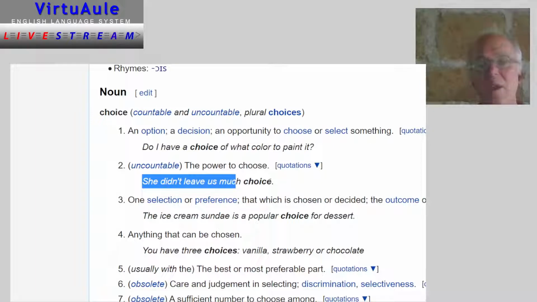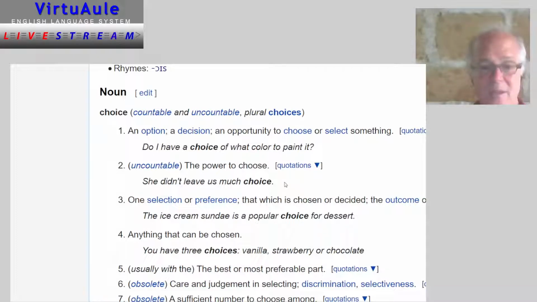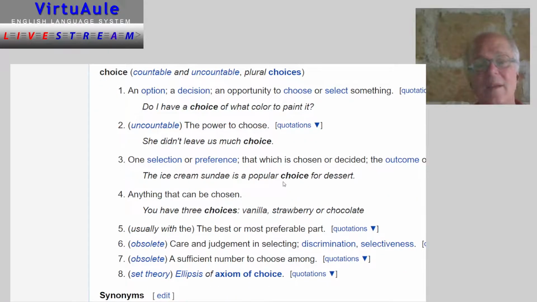So here I'm not talking about a decision between two particular things, which would be a choice, but I'm talking about the actual power to choose. So we have the uncountable idea. You have here the power to choose, which is much choice.